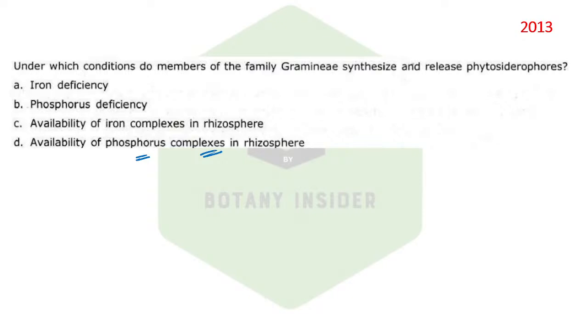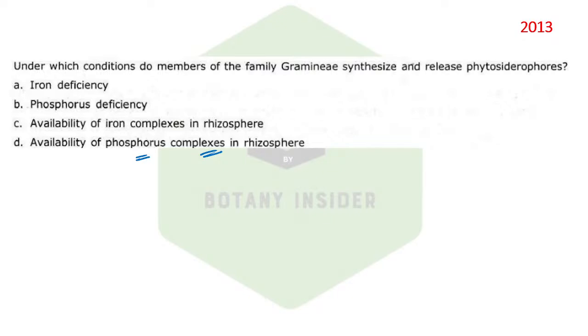Easy question. If you have learnt about the mineral nutrition concept, you will be easily able to mark the answer. Question is, under which condition do the members of the family Gramineae synthesize and release phytosiderophores?